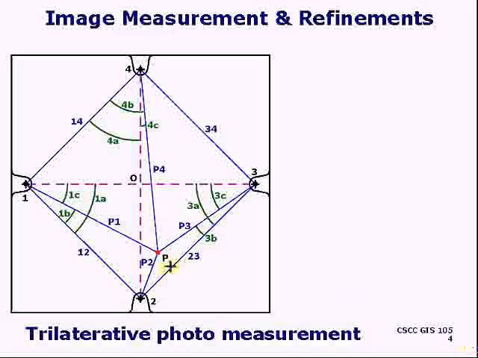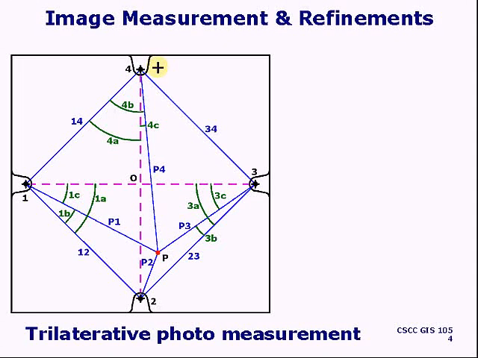The point of interest, P, is a point that we want to measure. The way I've got this labeled, we've got four fiducials. Fiducial 1 is on the left hand side, fiducial 2 is at the bottom, fiducial 3 is on the right, fiducial 4 is at the top.